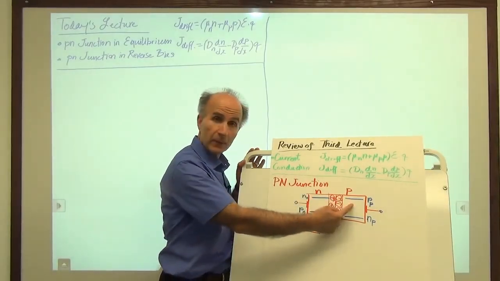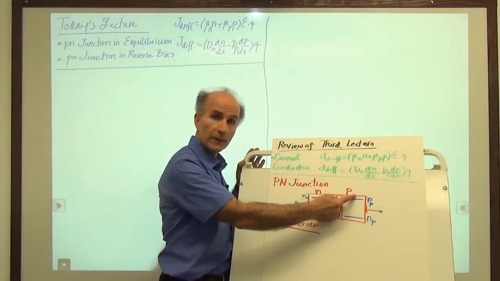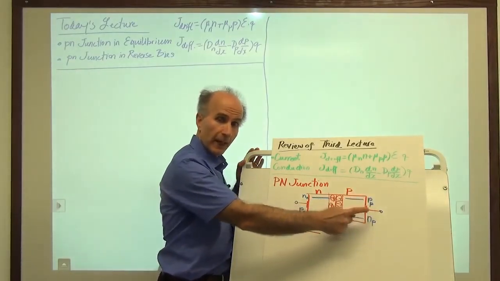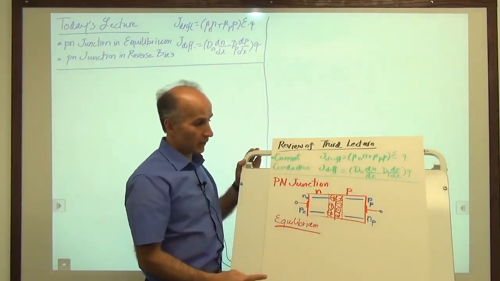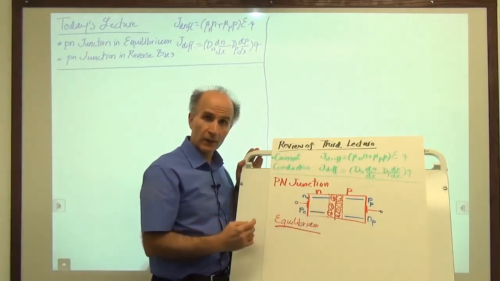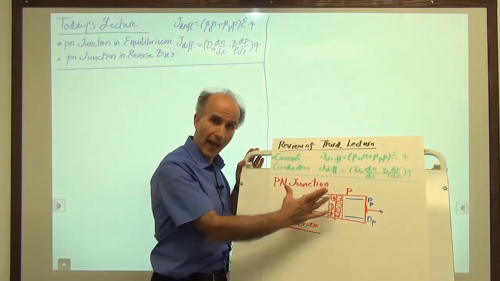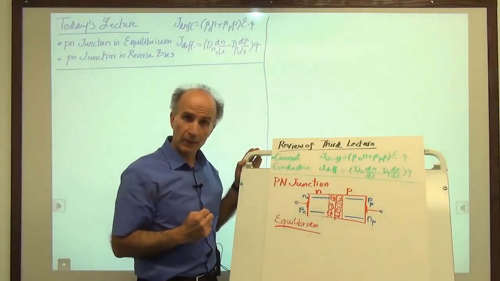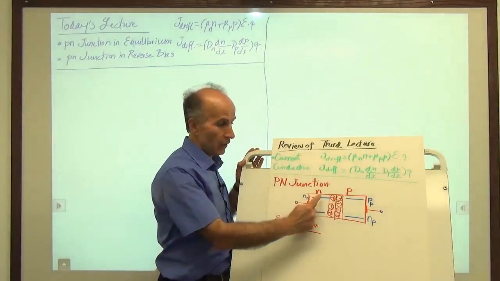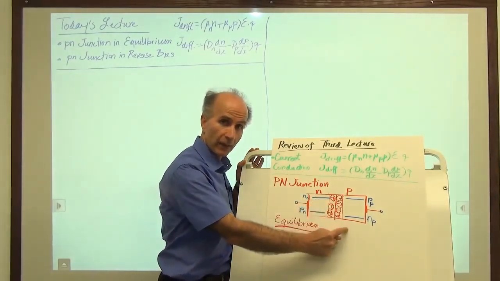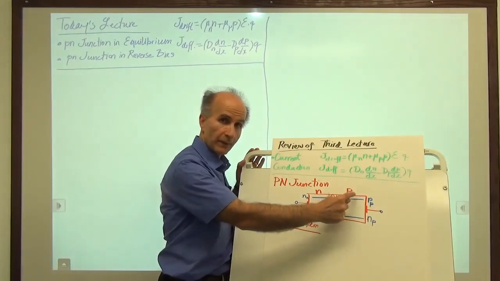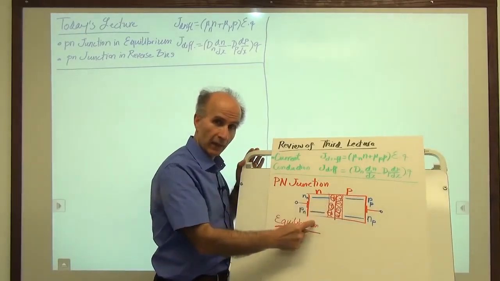And the other side, the P side, has a lot of holes, P sub P, and very few electrons, N sub P. And we said, okay, if we attach these together, the device cannot exist as we started, because we have a huge difference between the concentration of electrons on the left and on the right, and also between the concentration of holes on the right and on the left.